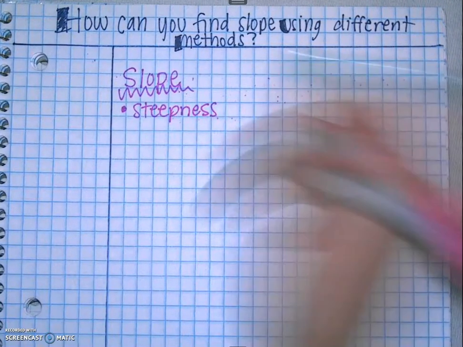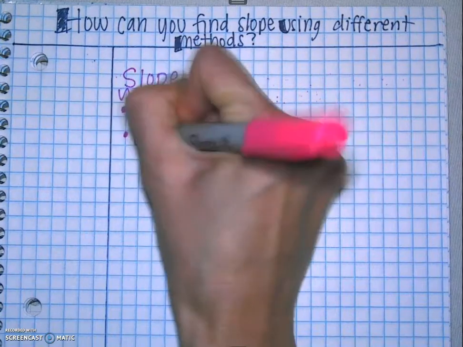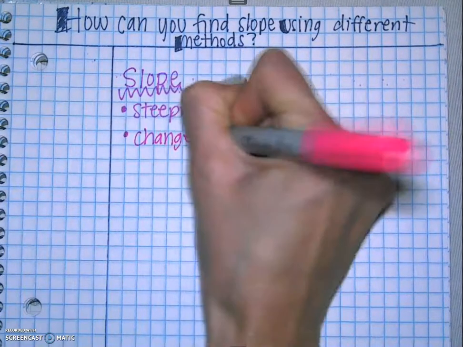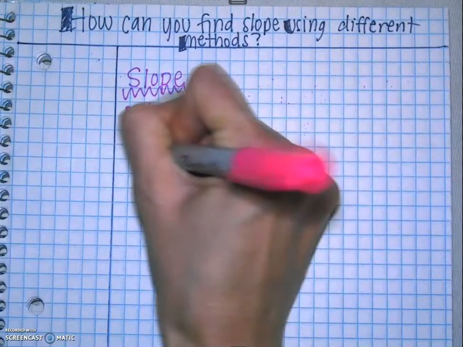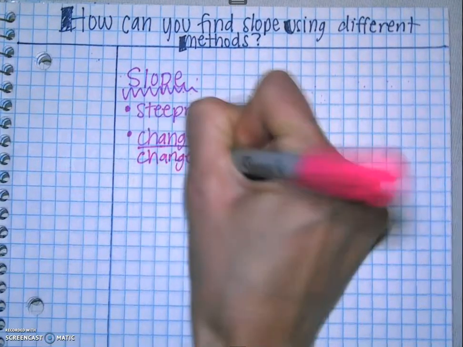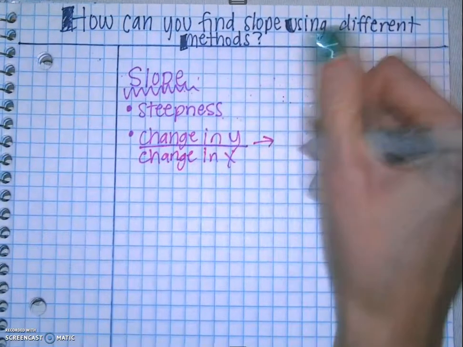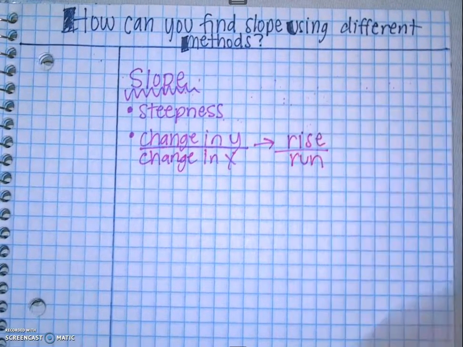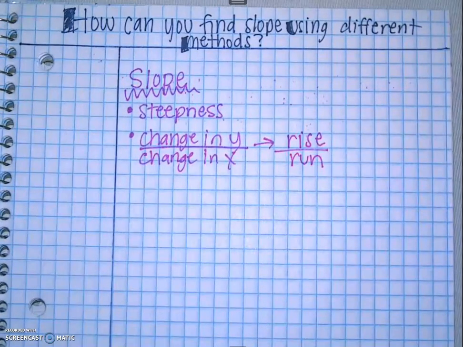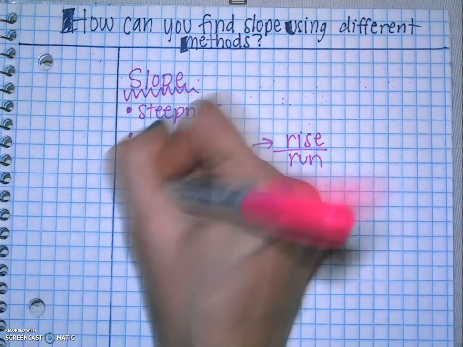It's also the change in y over the change in x, which is also the same thing as saying rise over run. And then the more technical definition is the rate of change between any 2 points on a line.